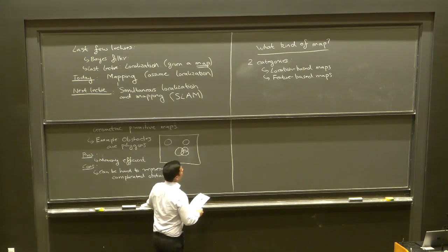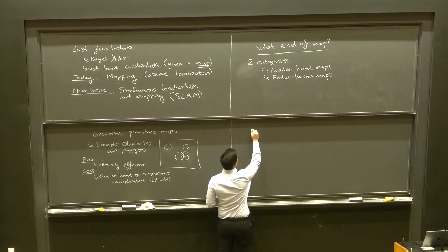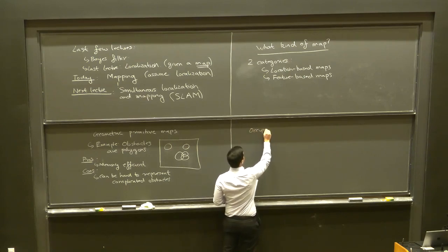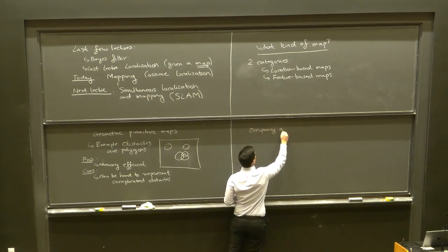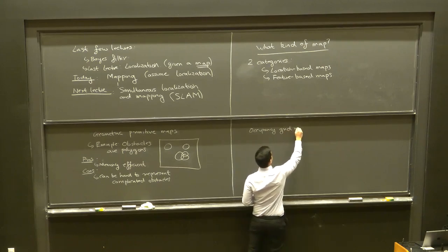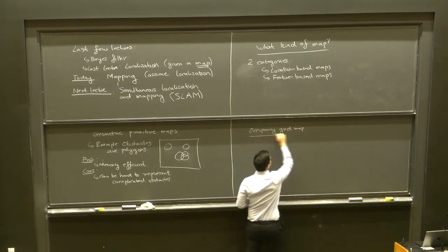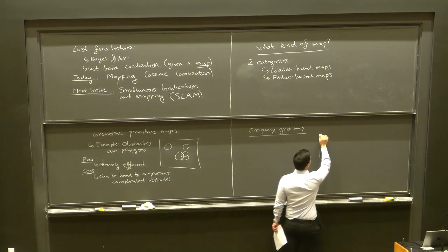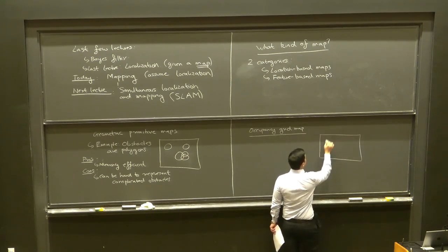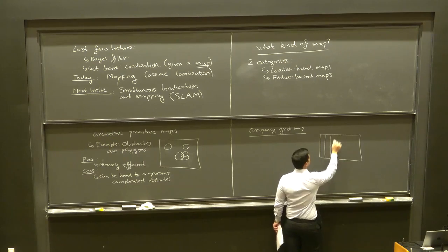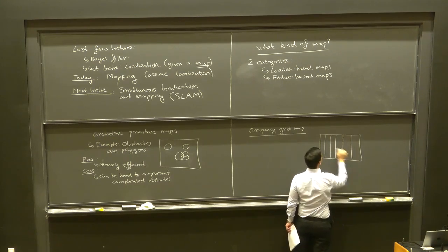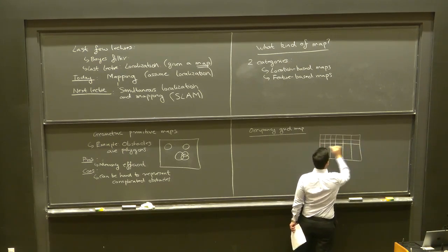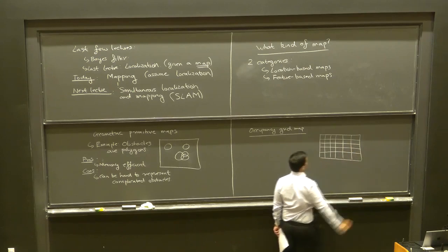The one that we're going to work with today is an occupancy grid map. So we discussed this in the previous lecture. In some sense, this is conceptually the simplest kind of representation. You just discretize your environment in the form of a grid.